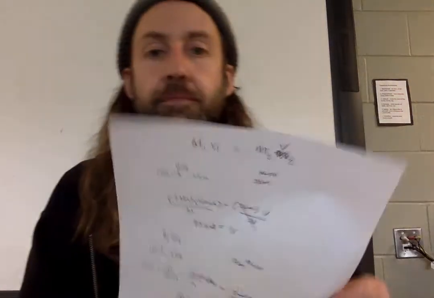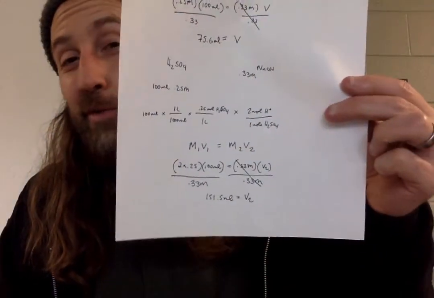Same deal, 0.33, but now it's 2 times 0.25 times 100 divided by 0.33, and so 151.5 milliliters of the NaOH.